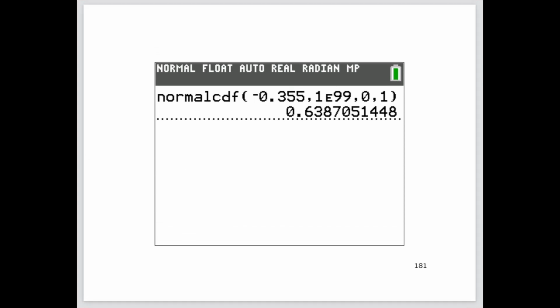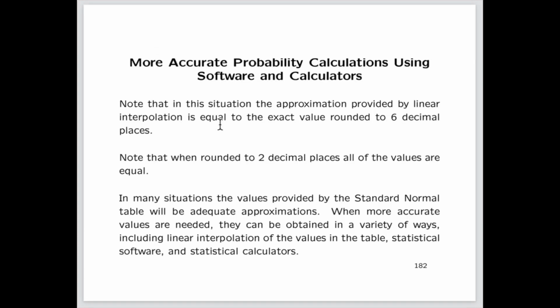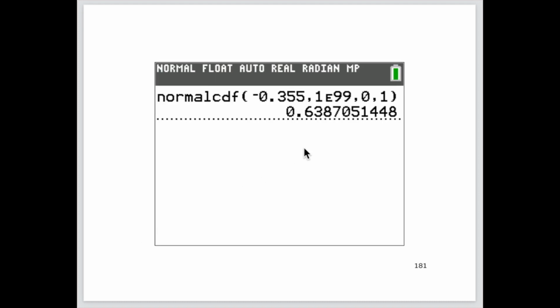Now, note that in this situation, the approximation provided by linear interpolation is equal to the exact value rounded to 5 decimal places. In other words, you might want to go back and look in the lecture or the video, where the linear interpolated value was 0.63871.